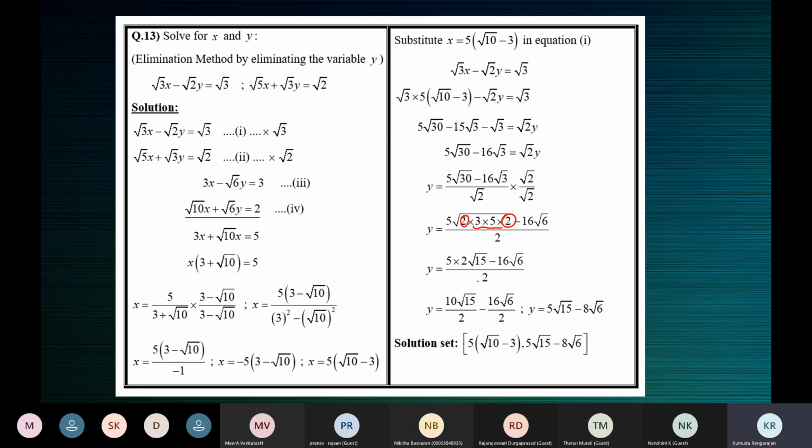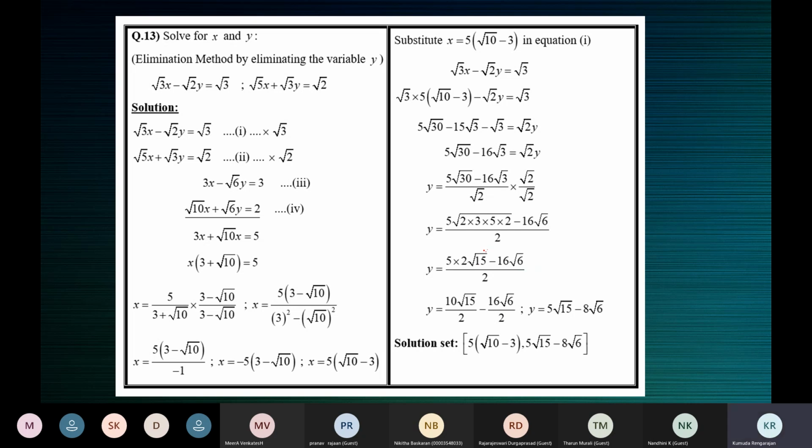Then why do we divide it separately like this? Because see, there's 2 here, you can cancel. And here also 16 and 2 you can cancel. So we divide individually. The first term, 10 root 15 by 2 minus 16 root 6 by 2.